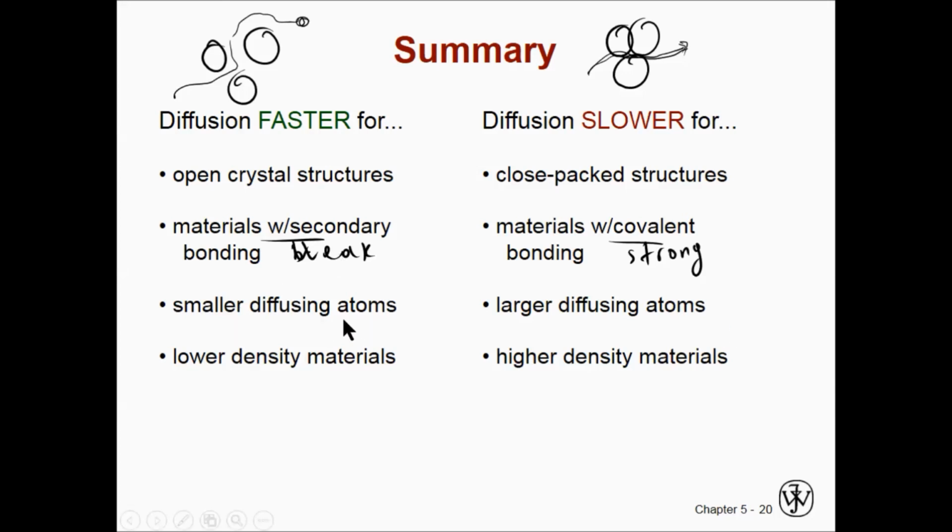Smaller diffusing atoms: if atoms are smaller, as in this picture over here, because it's smaller, it can move freely. It will be more mobile because of its size. And if it is larger, again, these larger atoms will be difficult to move through. Again, this picture is not exact.